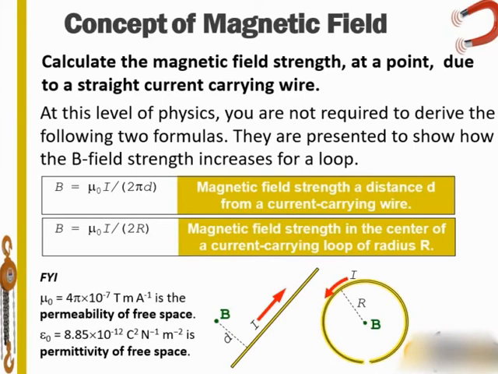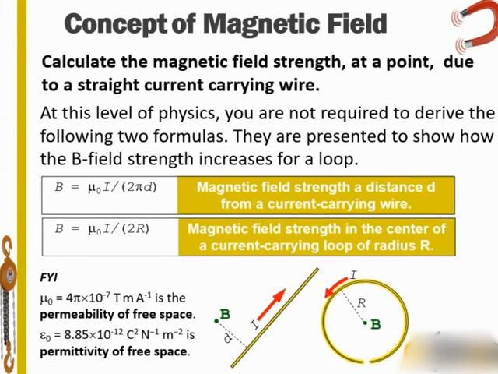But let's say you had an insulated wire and you placed it in water and you wanted to find the magnetic field strength at a point, at a distance d from the wire in the water, then the permeability constant mu would be different than if it was in air, because air and water are different mediums.